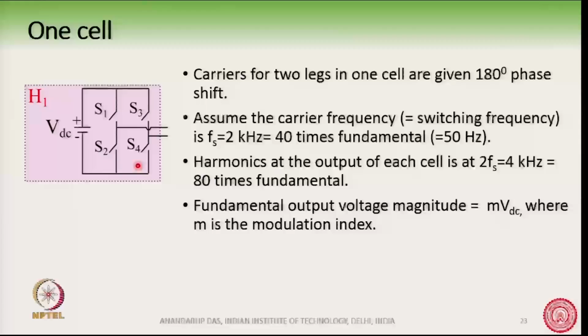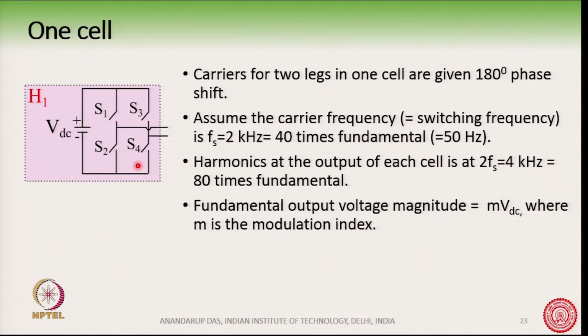So, if that voltage is say 50 hertz, then we are taking the carrier frequency as 40 times the fundamental. Now, of course, we understand that carrier frequency should be equal to switching frequency, right.